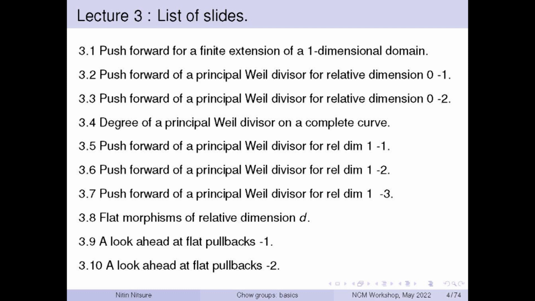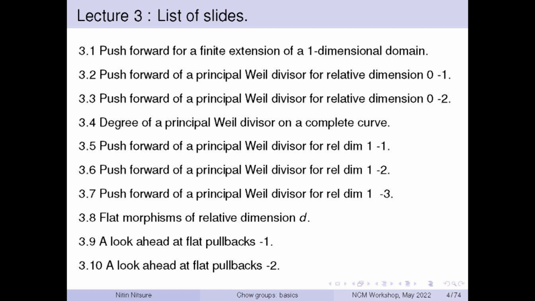So it becomes the case of a curve. So the relative dimension 1 case we will tackle through dealing with curves. But these curves will be over a new base field. And so for that, as I said just some time back, direct image to spec k of a 0 cycle is the degree of that cycle. So we have to be able to talk of degree of Weil divisors on complete curves.